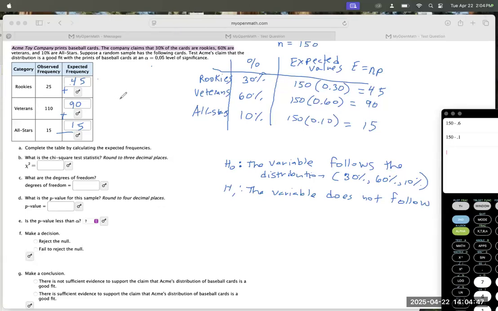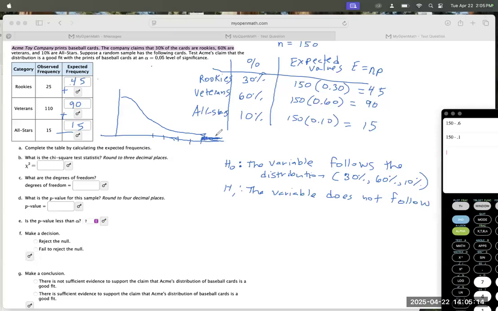And what we're really doing when we do this chi-square test, the chi-square distribution is a right-tailed, or right-skewed, distribution. So the further out into this tail, the larger, this is all positive. So the larger these differences are, the further out in the tail it will be, and the smaller the p-value will be.